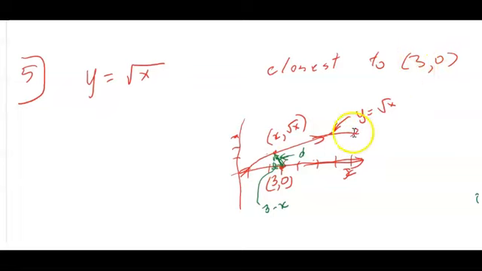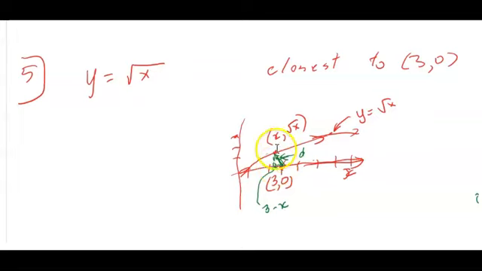So here is a graph of y is equal to radical x. It starts at the origin and goes up, curving to the right, going towards infinity. The point (3, 0) is on the x-axis.